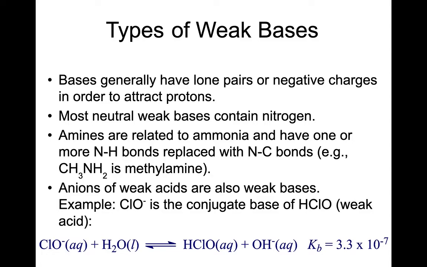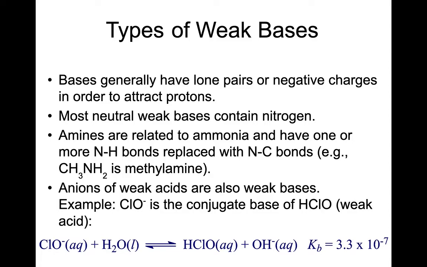So a couple of generalizations, a couple of rules that you can keep in mind regarding weak bases: any base has to have some source of negative charge because it has to be able to attract the extra proton to it. If it's going to be a proton acceptor, it has to have something to pull those protons in.